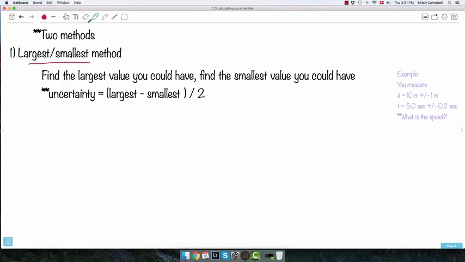So let's take a look at this and see what we do here. We have a distance. Maybe I'll draw it in light blue. The distance I'm measuring is 10 meters plus or minus 1 meter. That means it could be as small as 10 minus 1, so 9 meters, but it could be as large as 11 meters.